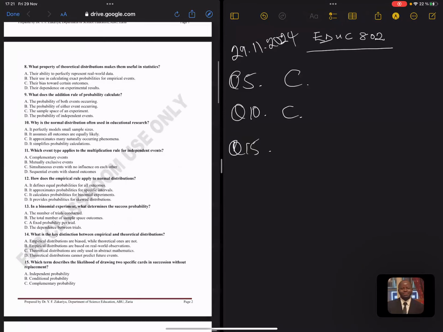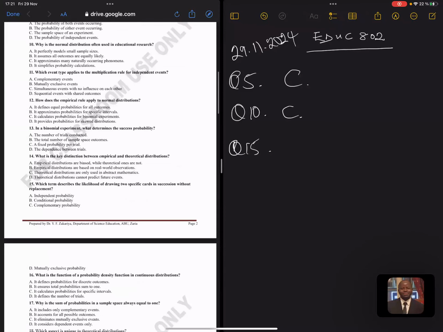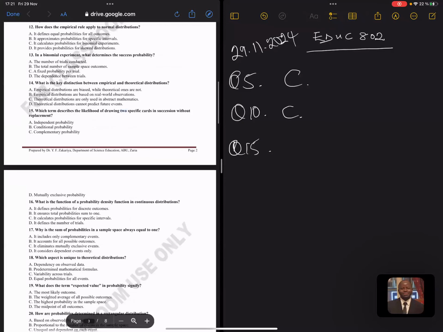Question 15 says, the probability of drawing 2 specific cards in succession without replacement.